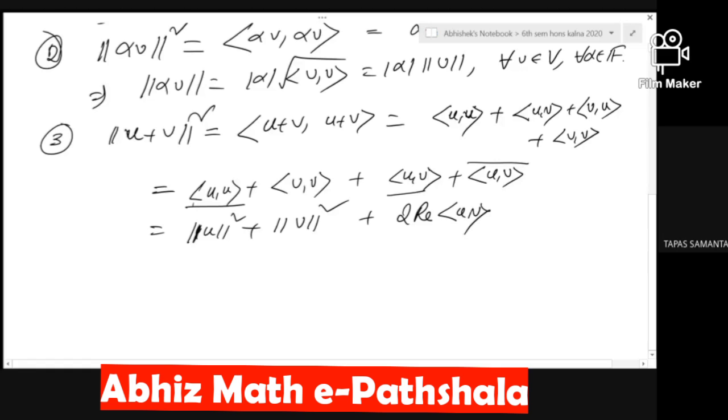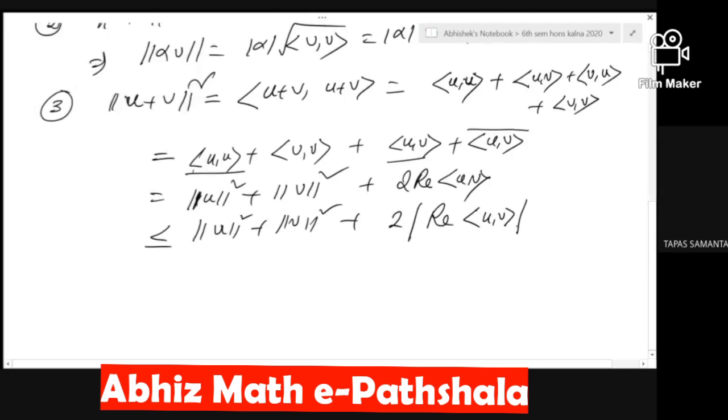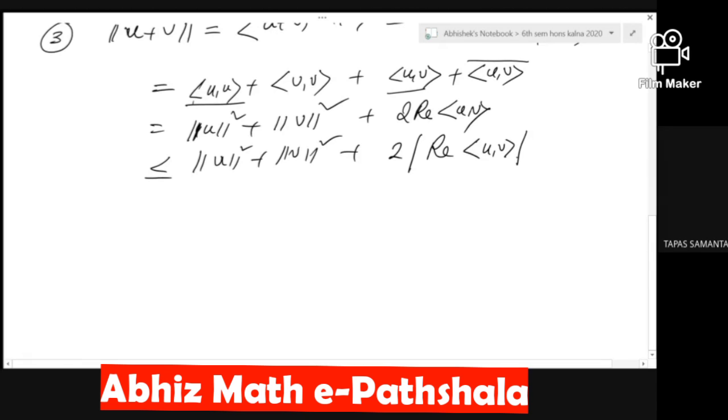So that means it is less or equal to norm u square plus norm v square plus 2 into modulus of real part of u comma v, since every real number is less or equal to its modulus. And again, the modulus of the real part is less or equal to the modulus of the complete number.